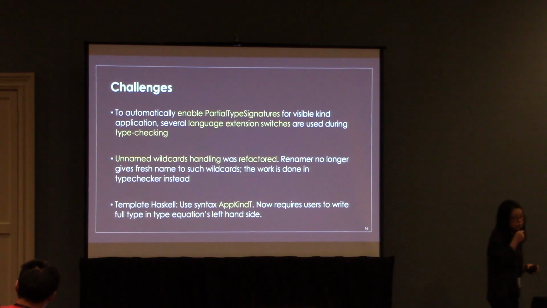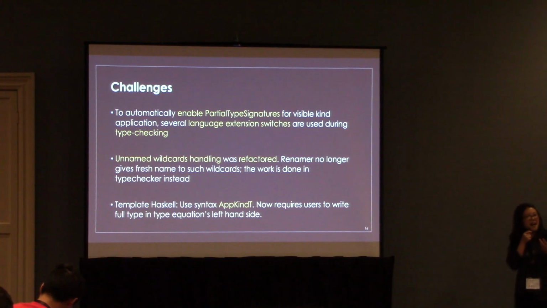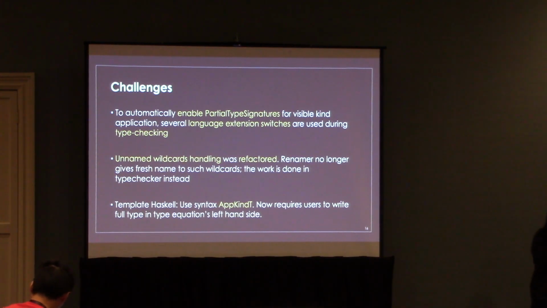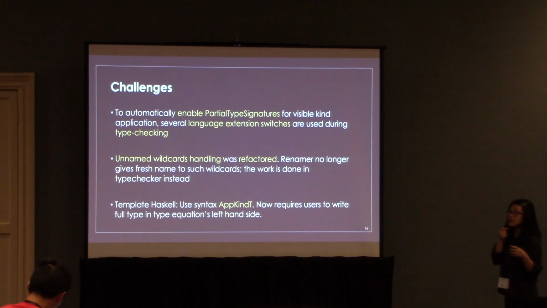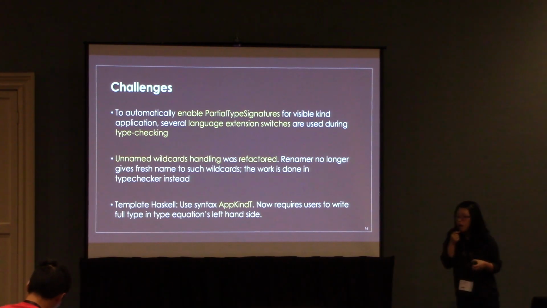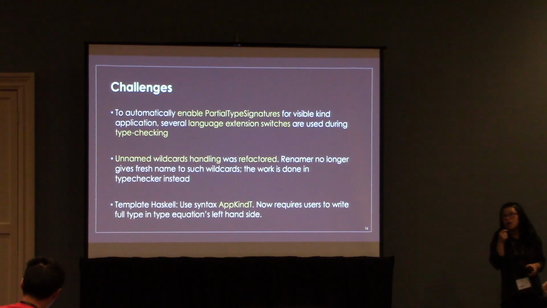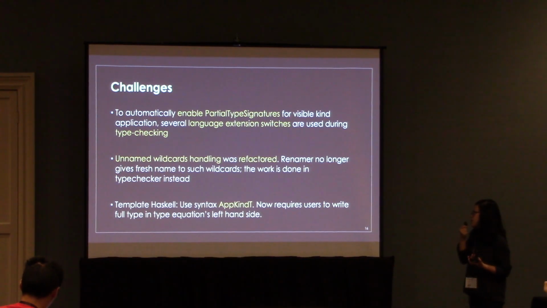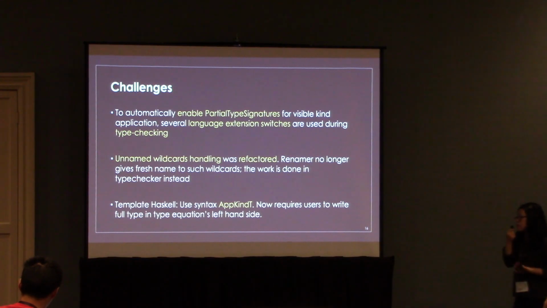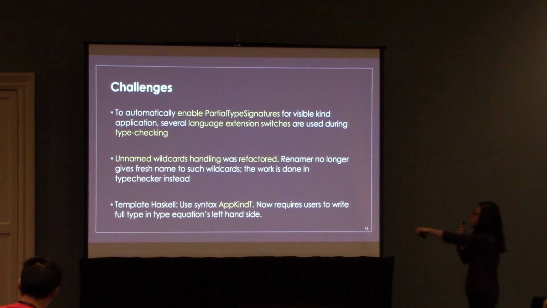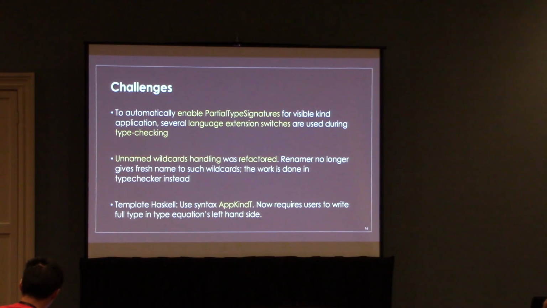So originally in Template Haskell, you only need to write the arguments on the left-hand side without having to say the type family's name. But we feel that one, it wasn't very close to the Haskell AST, and two, it can cause a lot of errors if you just mismatch some of the names. So anyway, it's now required that you write the full type in each type equation's left-hand side on type families and stuff.